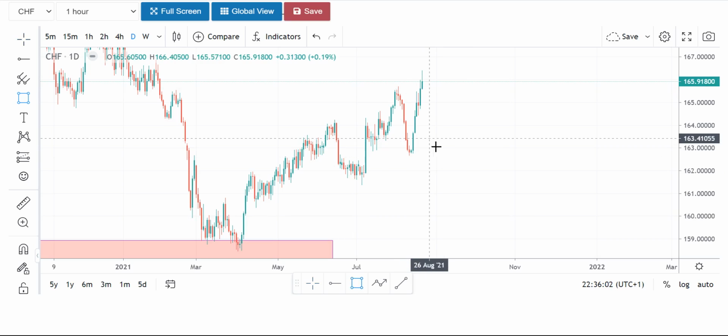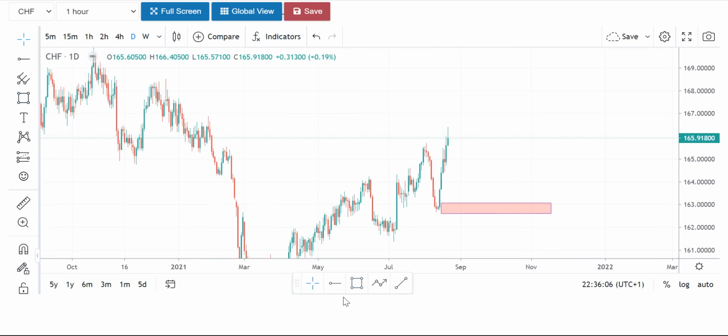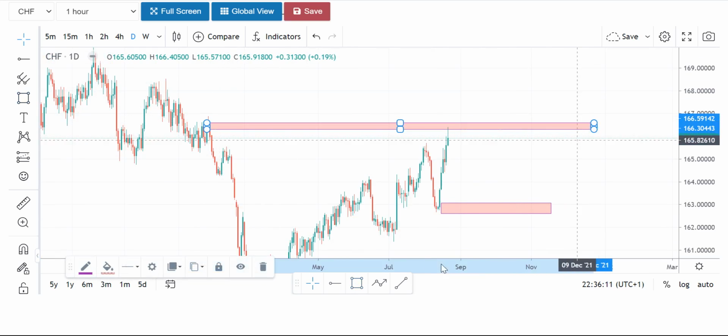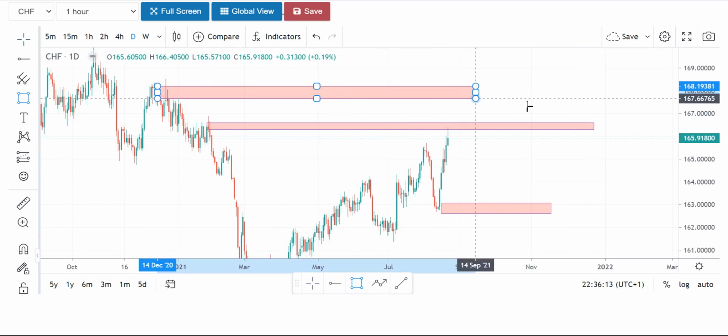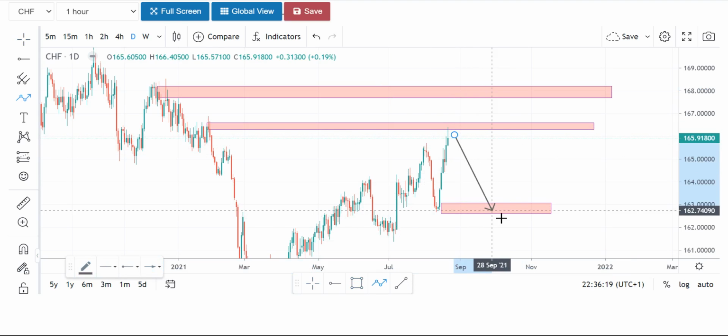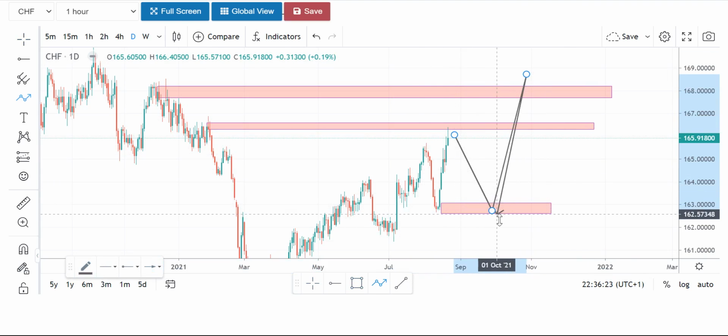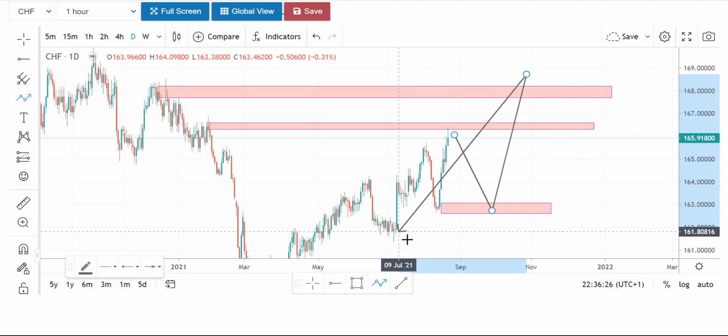We expect a bounce to this demand zone, but before that bounce, we might see price getting to this supply zone or this zone before we get a bounce downwards like this and we move up. Now, if price doesn't bounce off this place, then this is another place of interest, which is a demand zone that we'll be bouncing off.